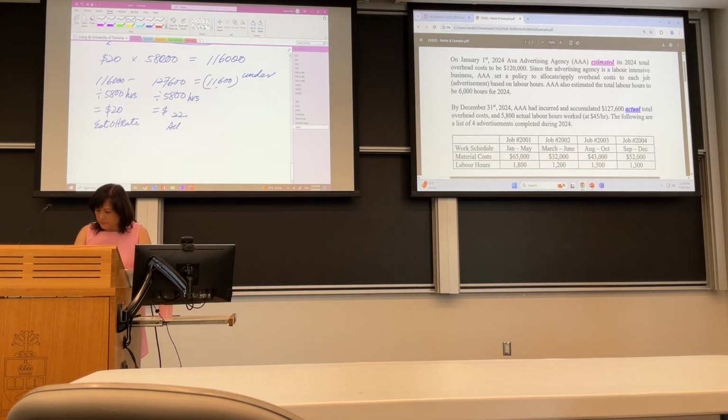This is the actual rate, which means that every hour you charge $2 short, not enough. Times 5,800 hours, that's 11,600. Are we okay with this?